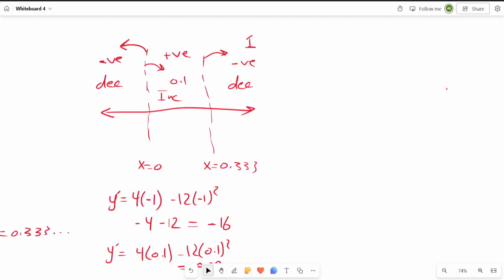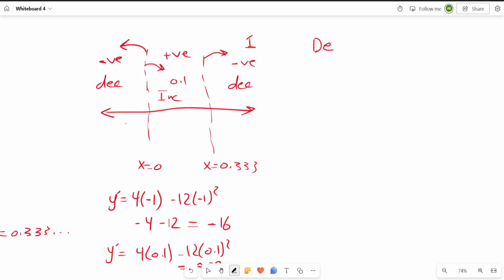So from here, I can see that my function was decreasing, then increasing, okay? And then it kept increasing, and then it decreased again after this second turning point.